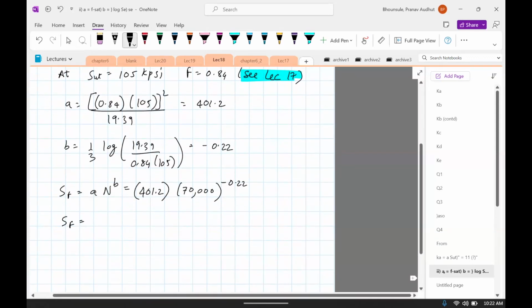So Sf would be 401.2 times 70,000 raised to minus 0.22, which gives 34.47. The units would be kpsi.